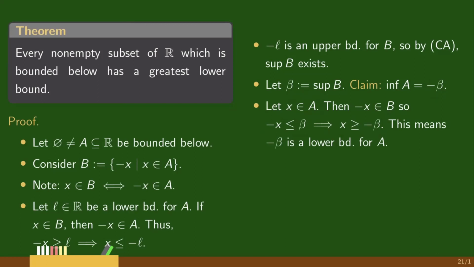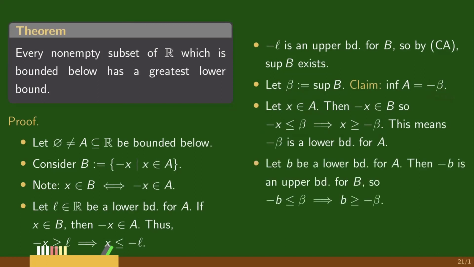Ano yung other 50%? That minus beta is the greatest among all the lower bounds. How do you show that it is the greatest? You have to prove that any other lower bound will be dominated by minus beta. Kaya, paano pinuprove yun? Kukuha ka ng kahit na anong lower bound.